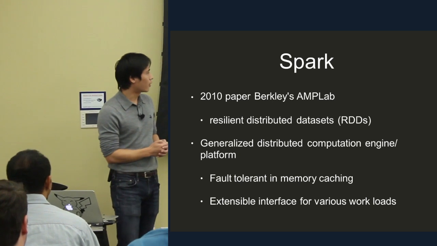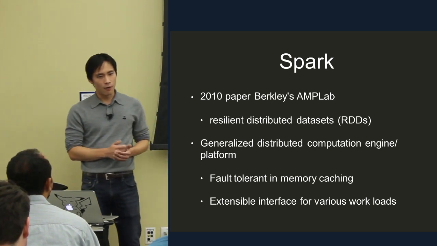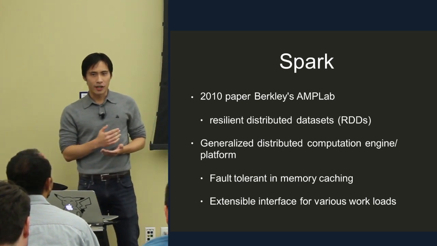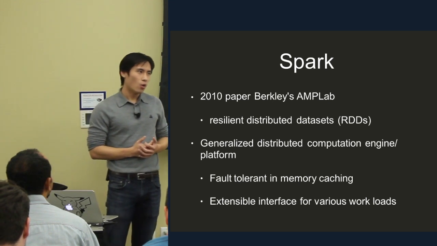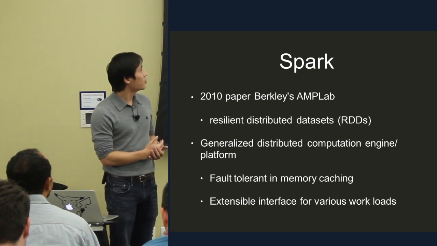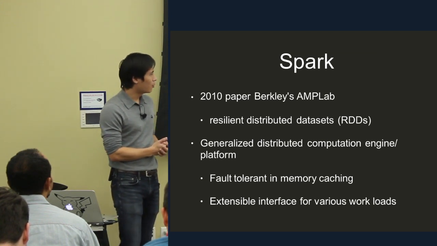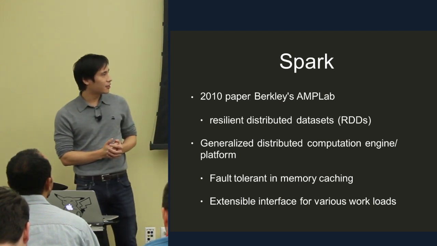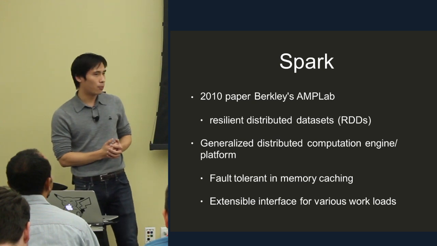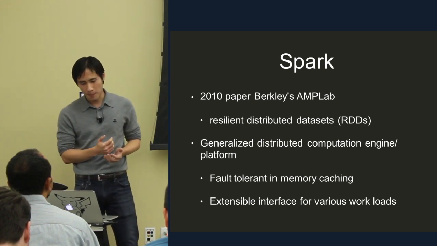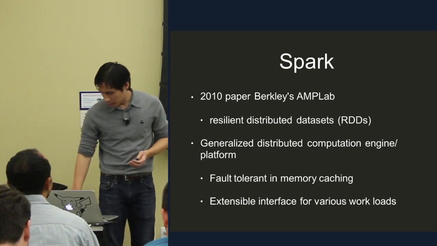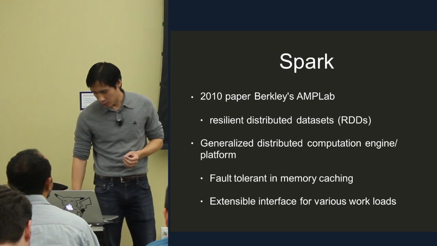But also the big win of RDDs is that it offers a more expressive API that other systems can build upon to really create nice interfaces to support various workloads such as graph analysis or streaming or SQL.